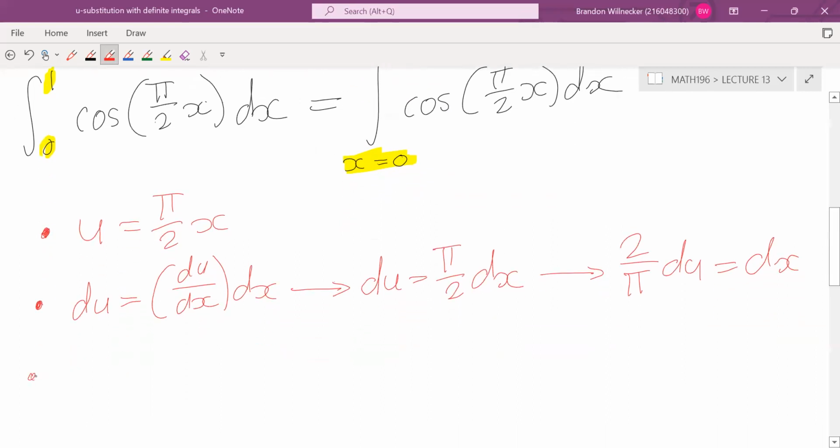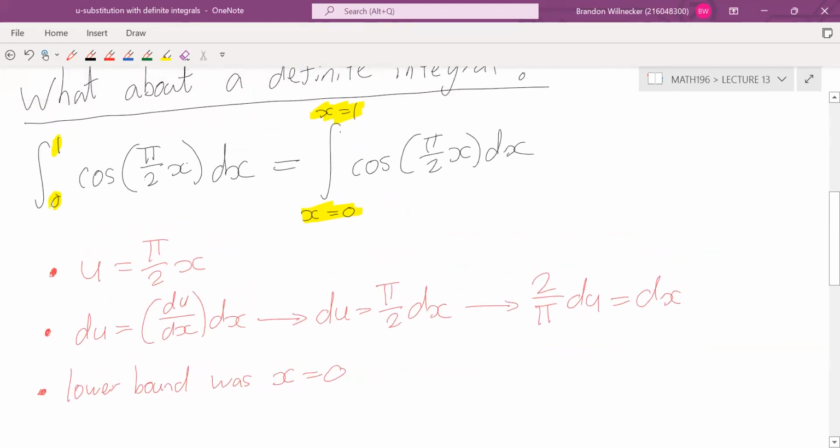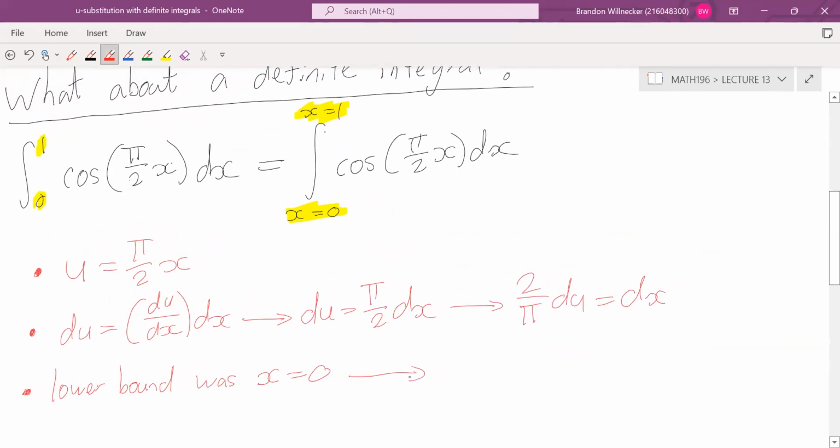So let's do that. The lower bound was x equals 0. So what we need to do is take this x equals 0 and substitute it into our transformation equation.